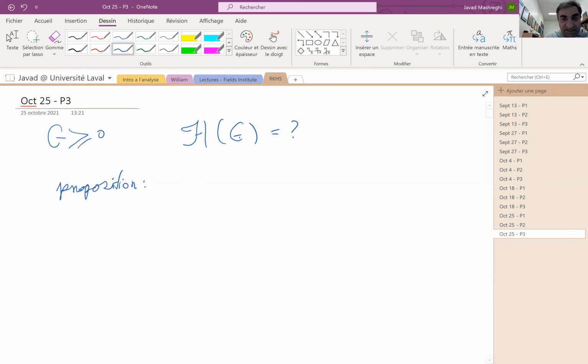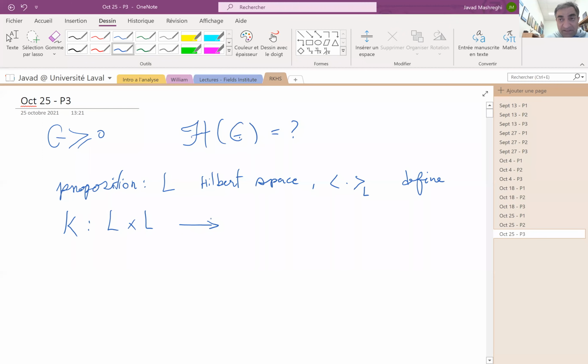So not to mix H with the Hilbert space that we are starting with, let's call it L. So L is a Hilbert space with inner product that I will denote by L. And define K on L. Note that L here plays the role of X. In other words, the points of the space are L, elements of the Hilbert space.